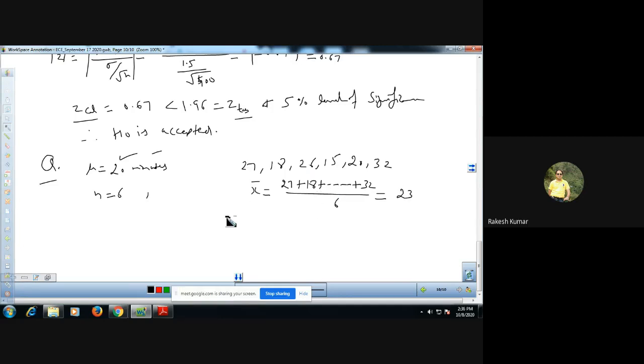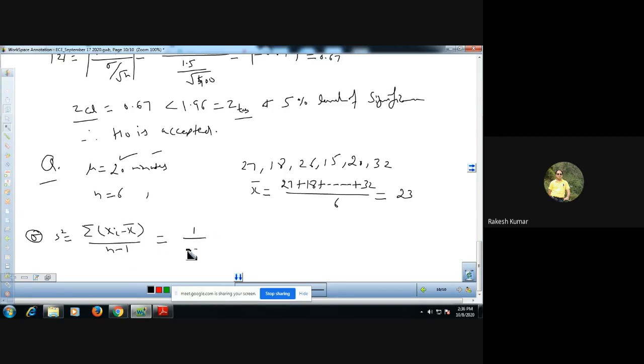You can calculate the sample mean, and you know that in this formula we should have sigma. Because this is a small sample, this sigma can be replaced with a small s, and the formula for calculating s is the square root of sigma of xi minus x bar squared, divided by n minus 1.